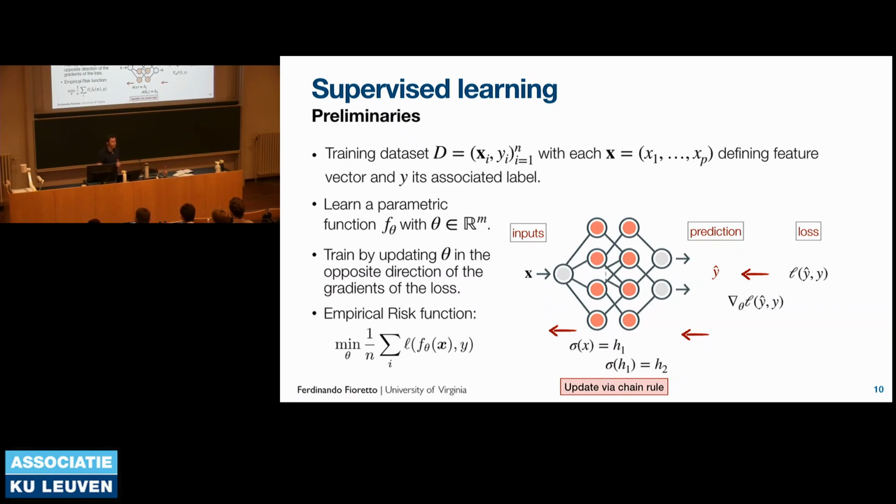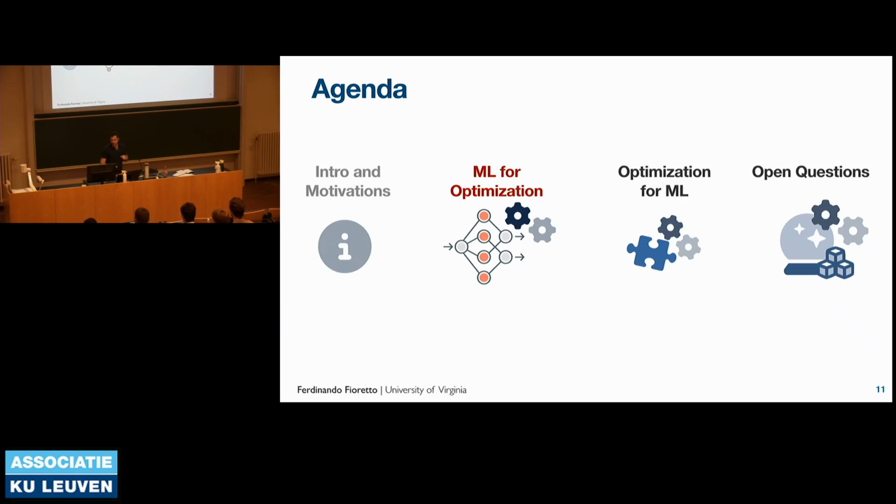We use our empirical risk function, so we're minimizing here the expected value of the loss function over the model's possible parameters as a generic tool here. Okay, so given this introduction, we can actually start with the real talk today.